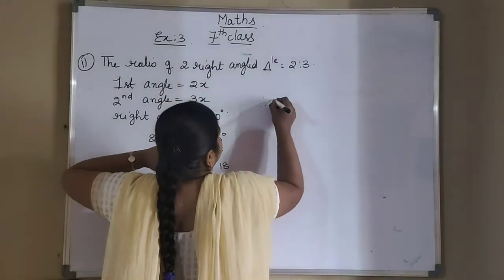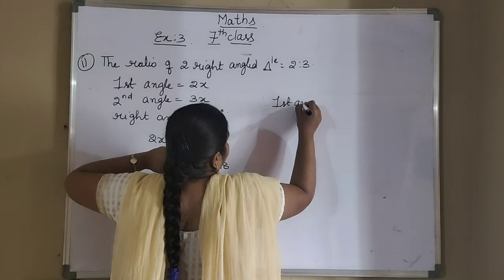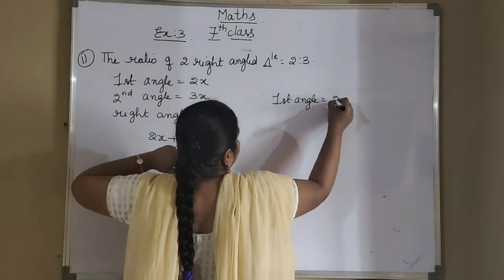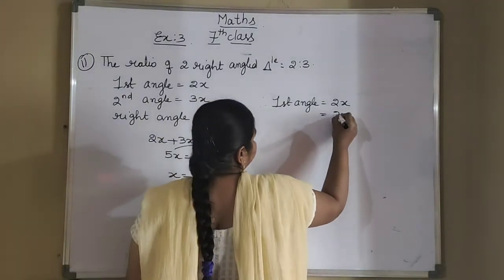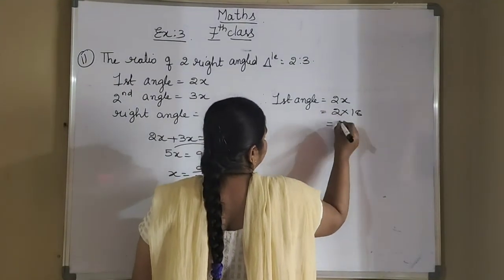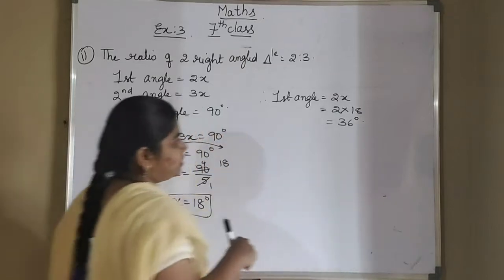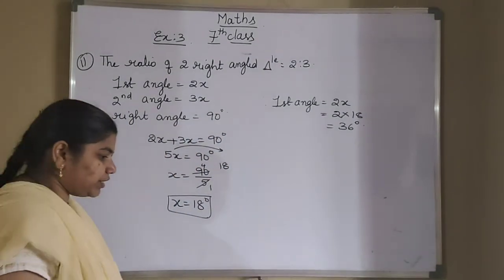Now we have to find the angles here. So the first angle is 2x. x is nothing but 18. So 2 into 18 is 36 degrees.